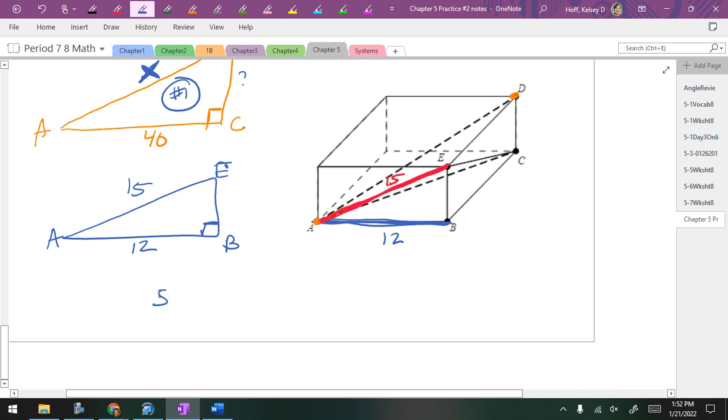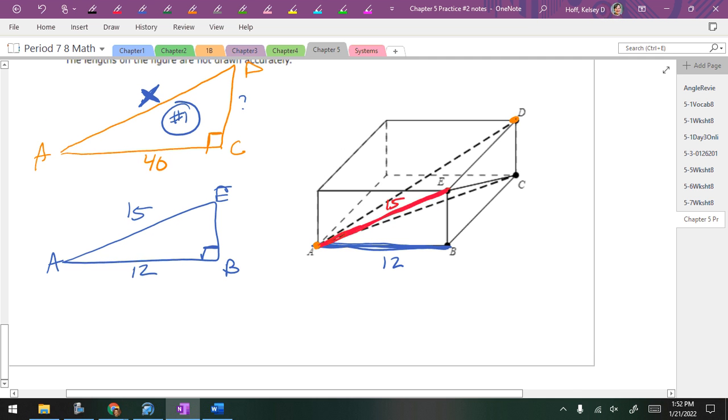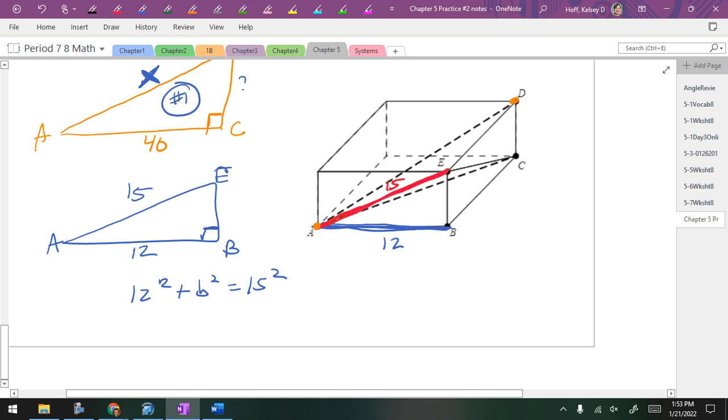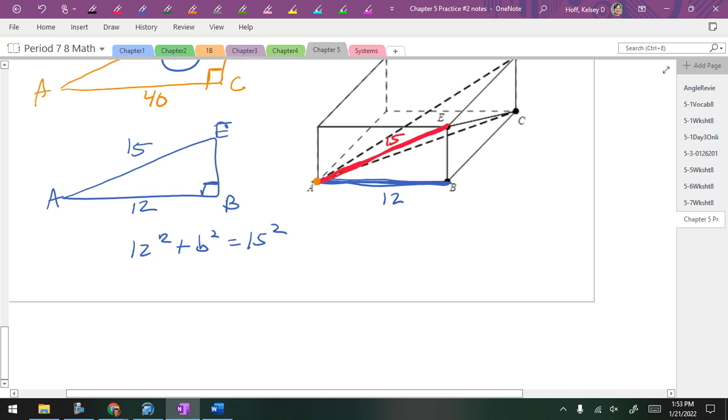Careful, 5. Where are you getting 5 from? Oh, that's 50. So like 12 squared plus b squared equals 15 squared. Good correction there. 12 squared is 144 plus b squared equals... careful, go one step before that, 225, right?